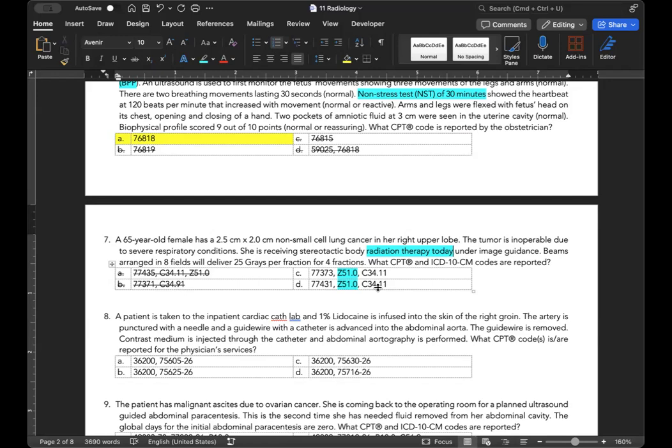And then your 77431 is radiation therapy management with complete course of therapy consisting of 1 or 2 fractions only.